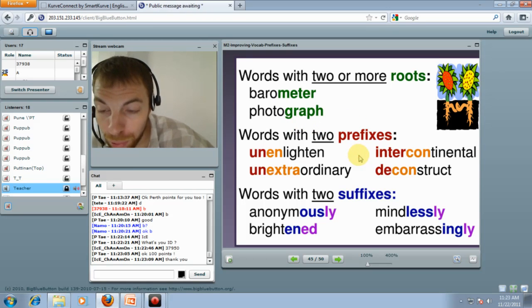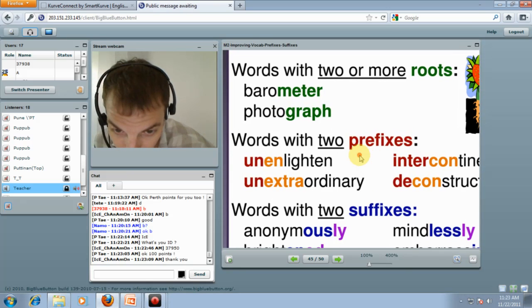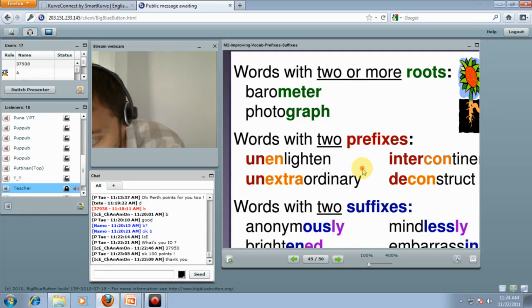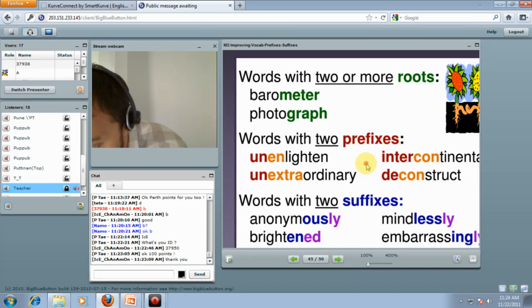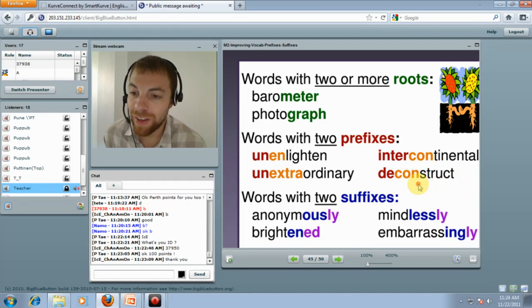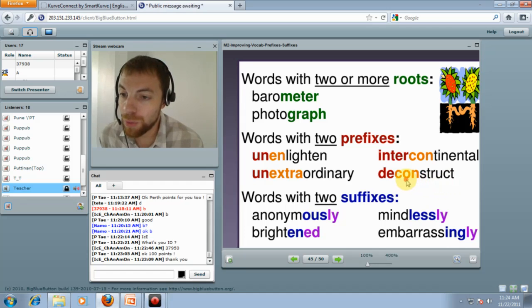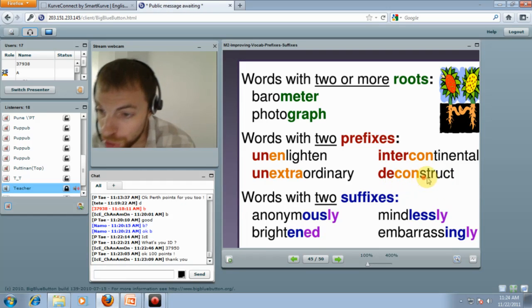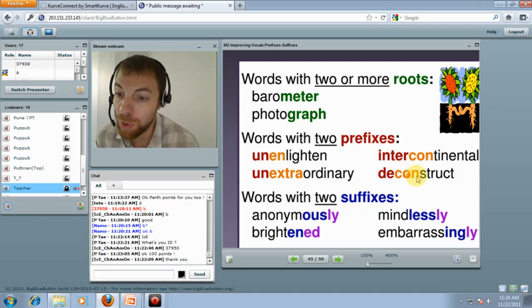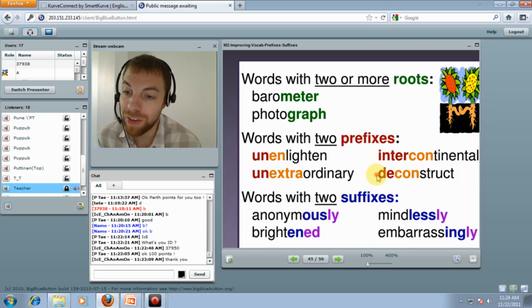Now words with two prefixes, so unenlighten or unextraordinary or intercontinental or deconstruct. It's interesting. So for example, construct is to build, con means to put together, and de means to take apart.